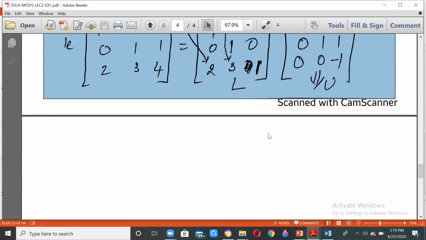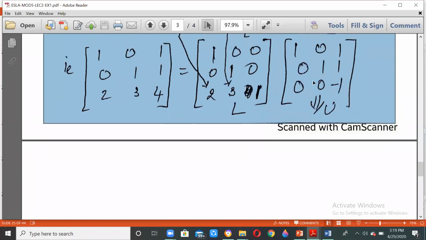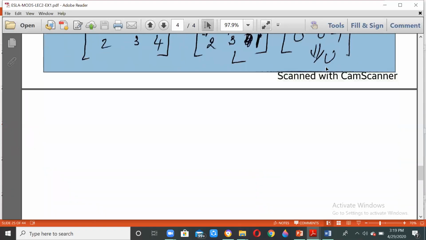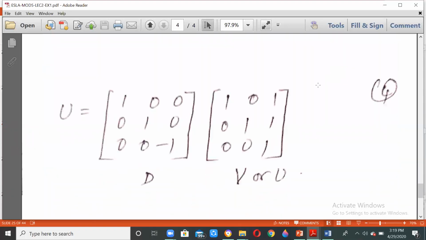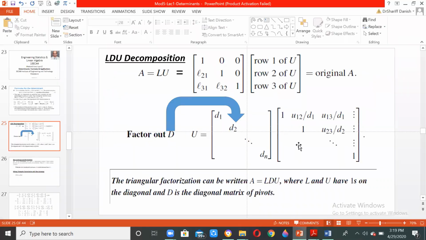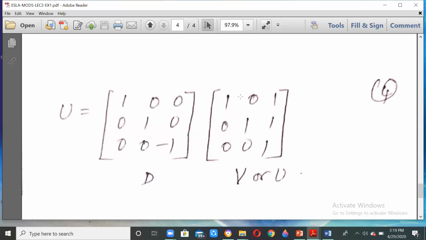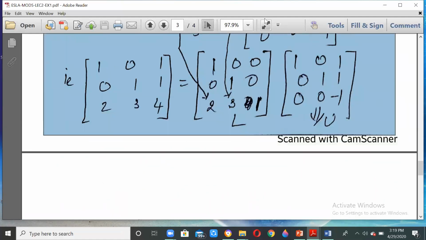So once we are finished with this, then again we need to do the transformation of U into LDV, or might be DU again. To get that, again we need to use the same formula here: u12 by d1, u13 by d1, u23 by d2, and so on. So to get this matrix, I should divide by 1, I'll get 0 only.